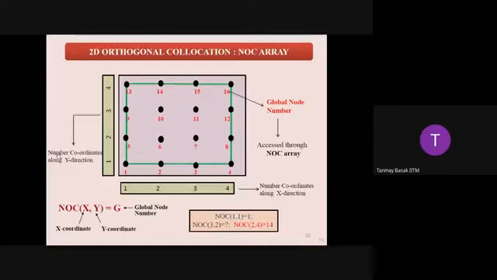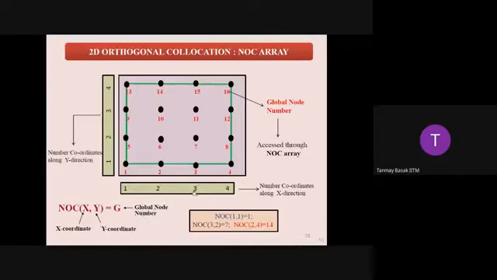Here we will see something extra, called number coordinates. We call this NOC, with number coordinates x and y equal to the global node number. That's very simple, like coordinate geometry.